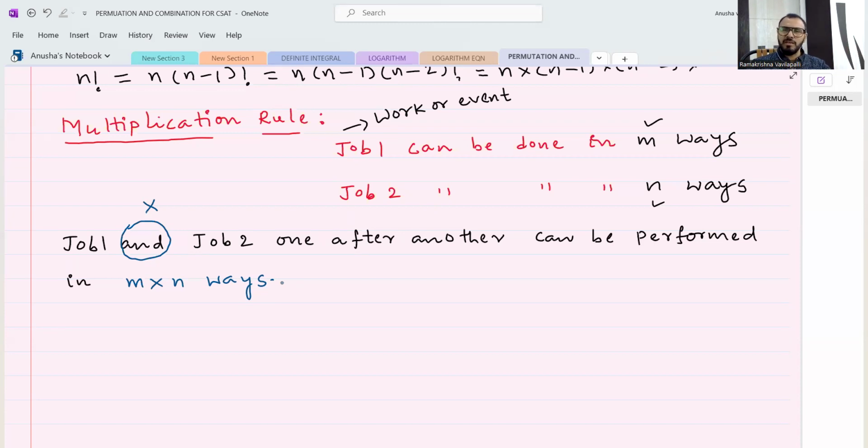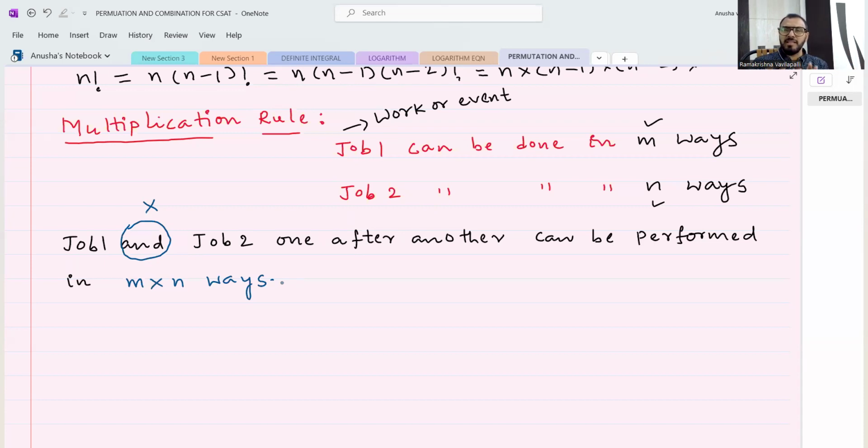Like an example: in how many ways can a man wear 3 different shirts and 4 different pants, right? He can wear any one of the 3 shirts, so there are 3 ways to wear a shirt. There are 4 ways to wear a pant.